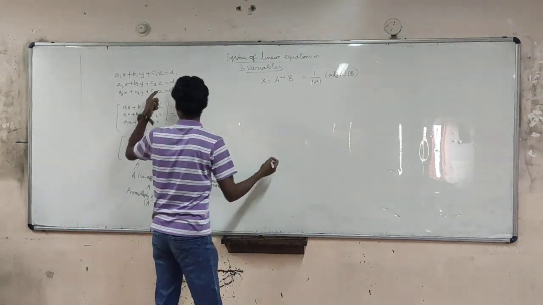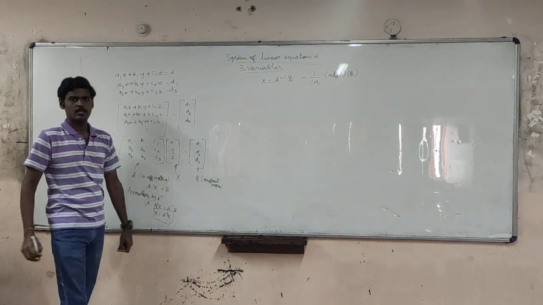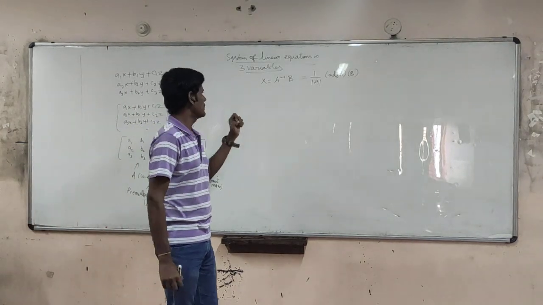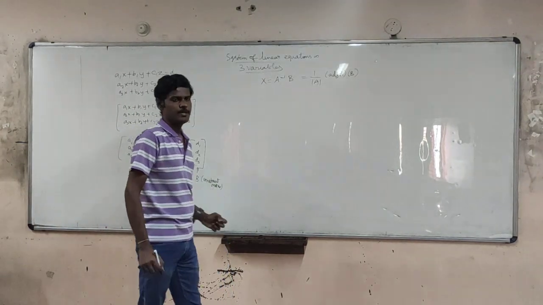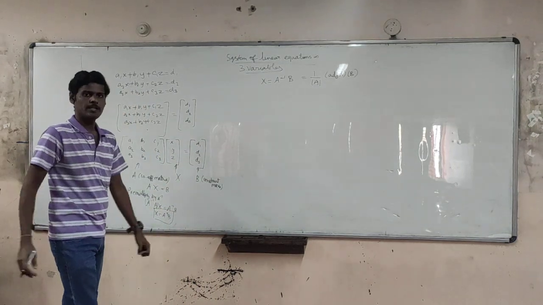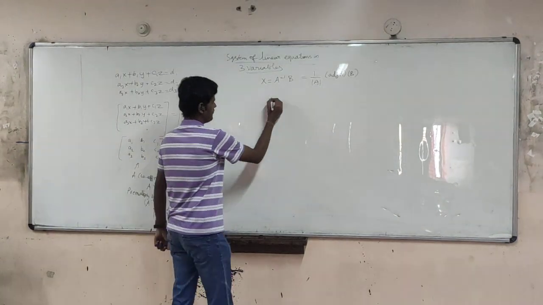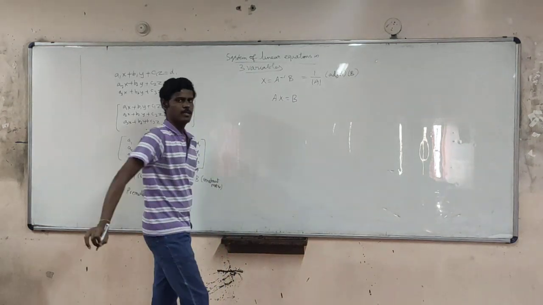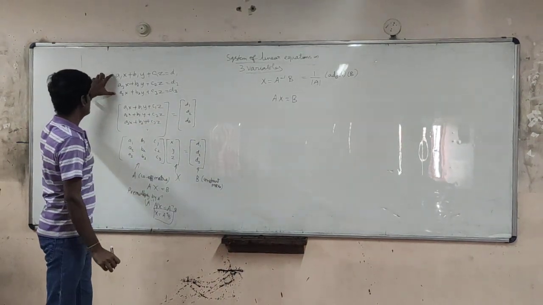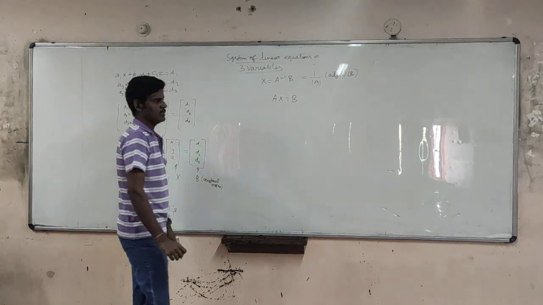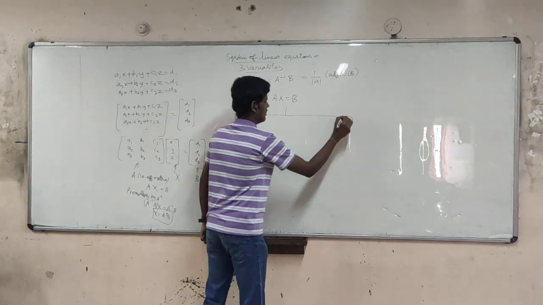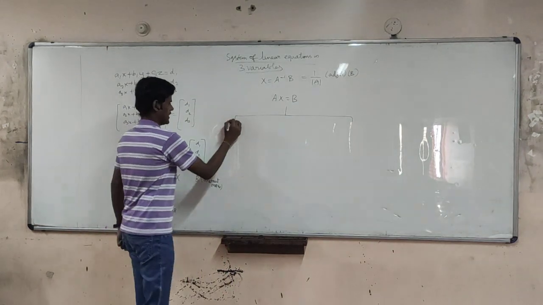Right? So these x, y and z variables can take any value, and based on its consistency, this system of linear equations can be split into different categories. So I am writing this as simply Ax equal to B, which represents this equation here. This is split into mainly two categories.